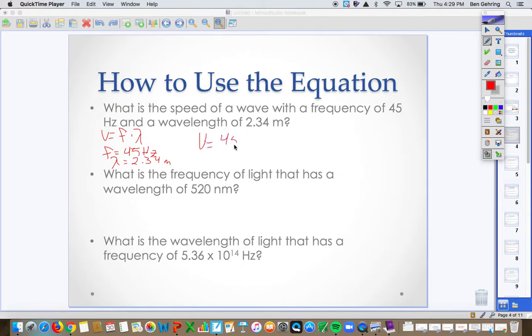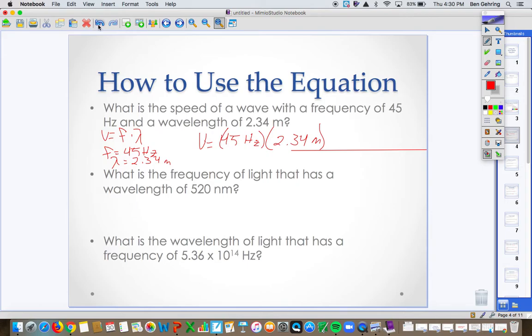So v equals 45 hertz times 2.34 meters. And if I take 45 times 2.34, I get an answer of 105.3.